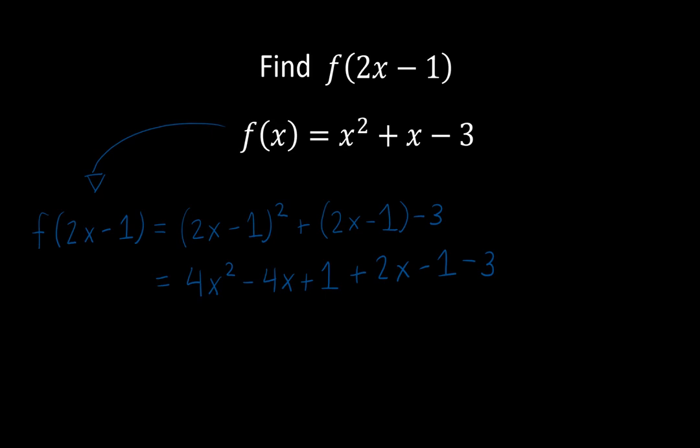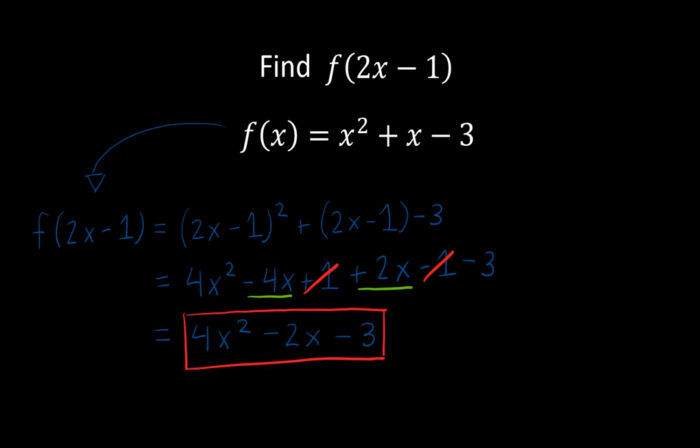First, we'll combine negative 4x and plus 2x to get a minus 2x. And then I also notice that plus 1 and minus 1 add out. And this leaves me with only the minus 3 at the end to bring down. So when we evaluate function f at 2x minus 1, we get 4x squared minus 2x minus 3.